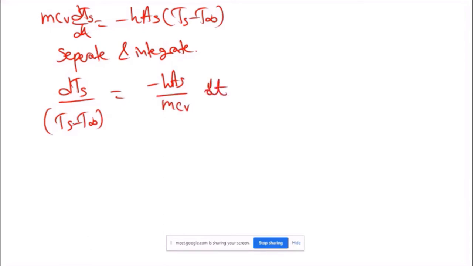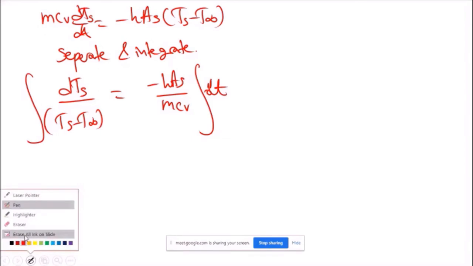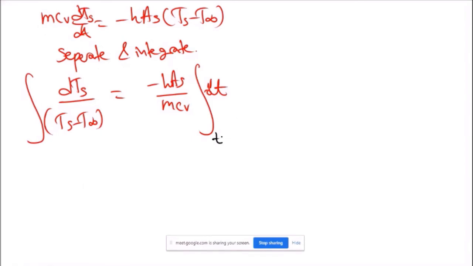This is a very simple differential equation. Now h is constant, As is constant, m is constant, Cv is constant, and only Ts and the time change. Therefore, I can put in integration limits. When t is 0, the Ts value is Ts initial, as specified in the question.